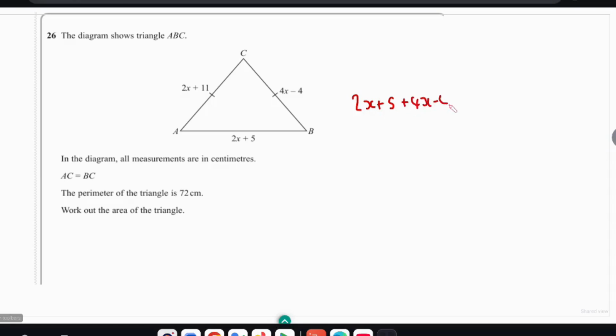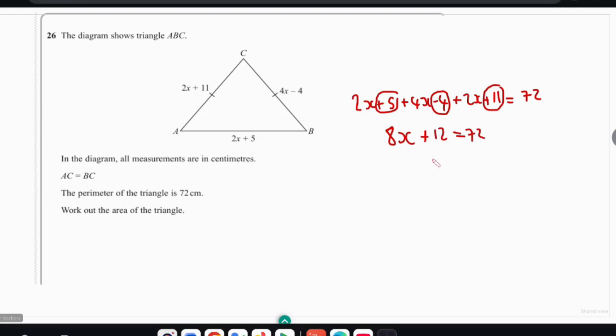And I know the perimeter is 72, so I can put all of that equal to 72. If I collect like terms here, 2x plus 4x plus 2x is 8x. Right, now 5 take away 4 plus 11, it's 12.